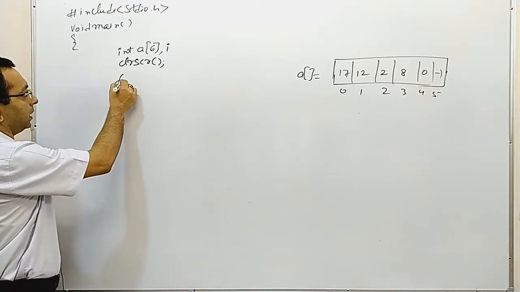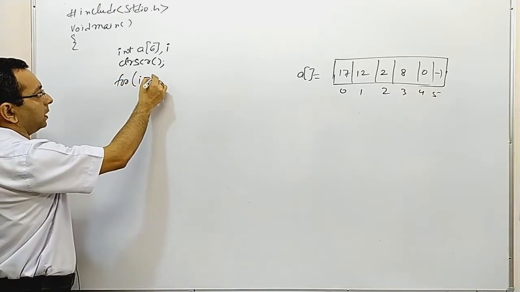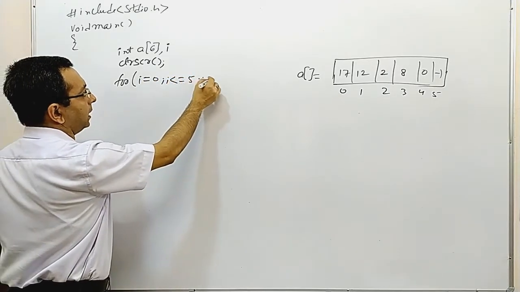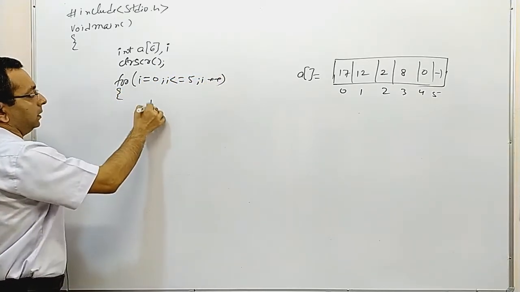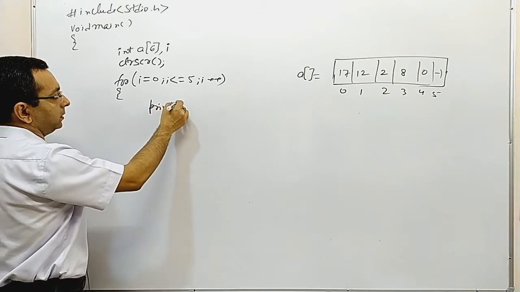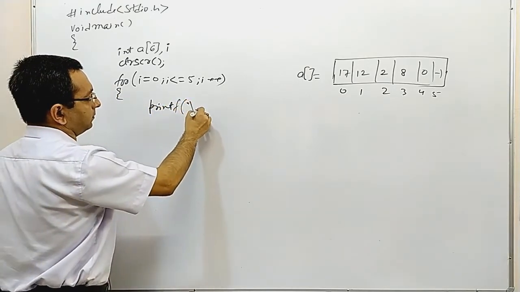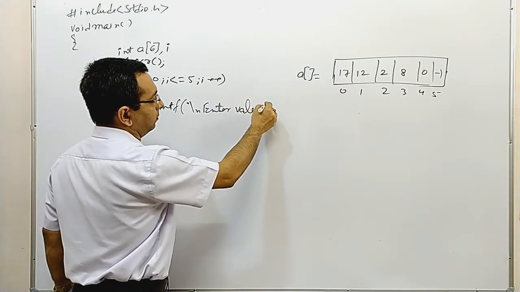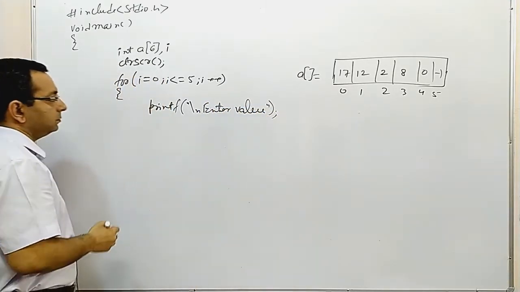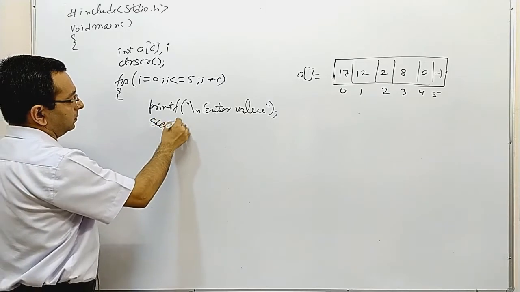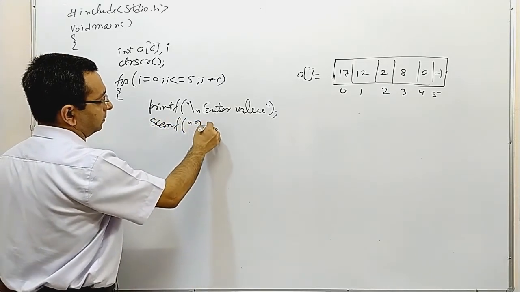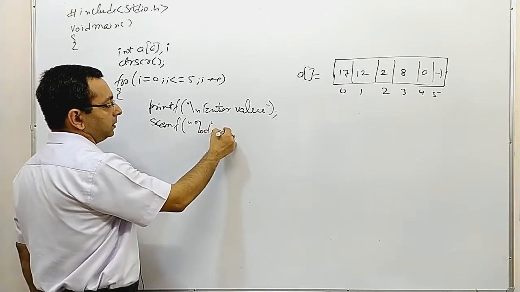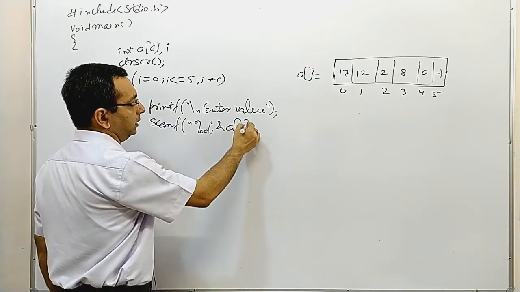So we start a loop for I equal to 0, I less than or equal to 5, I plus plus, with a message for giving input, enter value, and here scanf ampersand A[I].